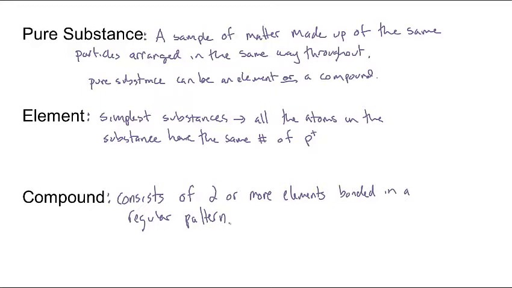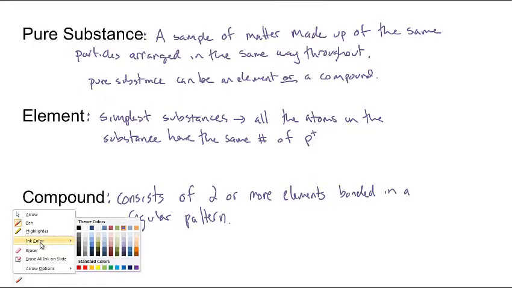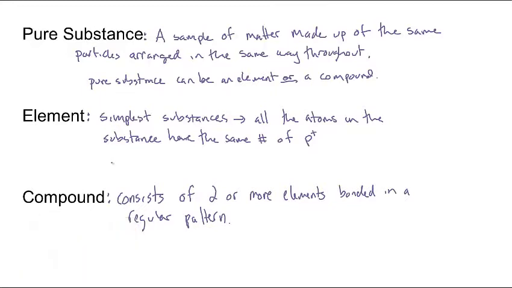So going back and throwing some examples in here, elements would be like iron, oxygen. Compound examples would be sodium chloride, water, things that have 2 or more different elements bonded in a regular pattern.